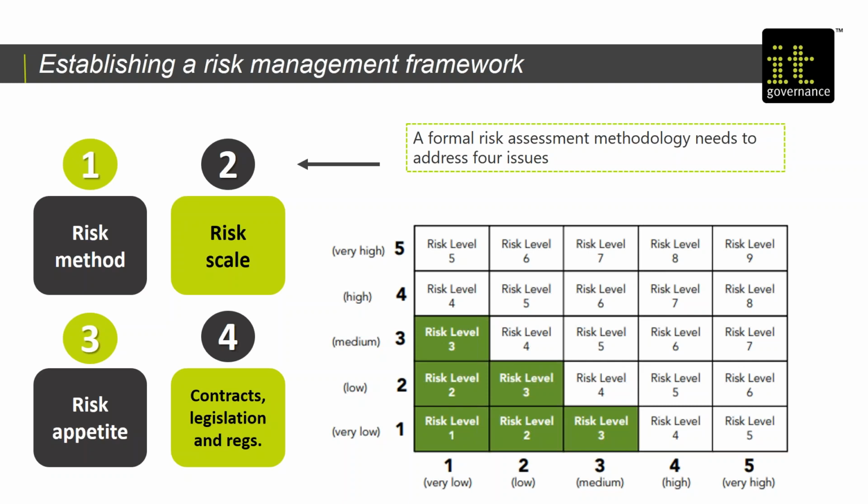Another train of thought is that contractual, legislative and regulatory compliance should be factored more directly into the consequence of risks coming about with regards to an information security risk assessment. Either way, a management system needs to consider it, and your risk method should define a consistent way of approaching that, I would suggest.